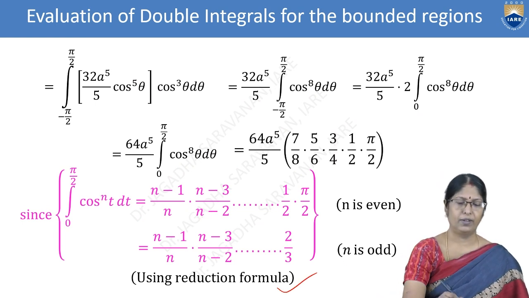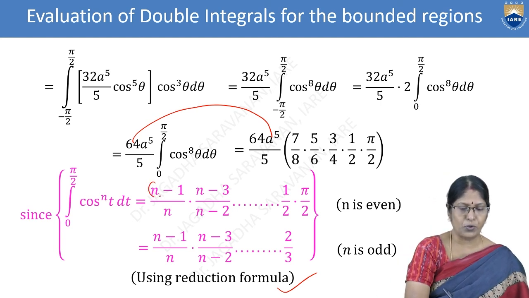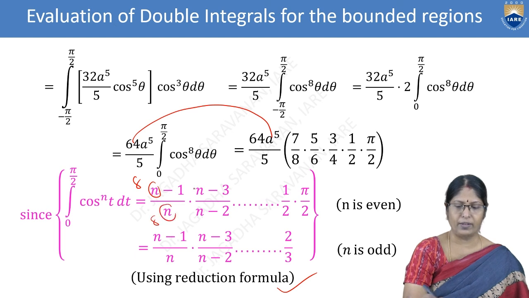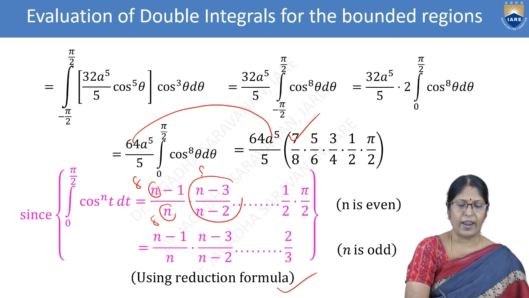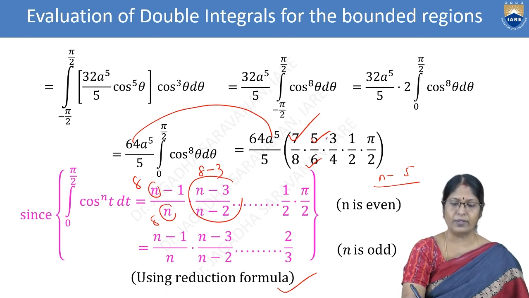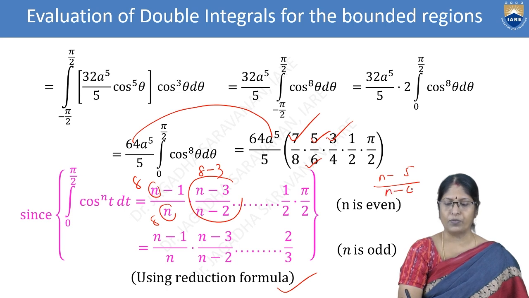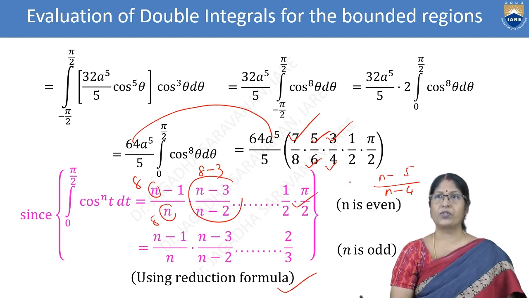We used it here. So 64 a power 5 by 5. Here we substituted 8, here also 8, so we got 7 by 8. Again the next, 8 minus 3 is 5, 8 minus 2 is 6. If we continue, n minus 5, here 8 minus 5 is 3, and n minus 4, so 8 minus 4 is 4. Continuing, the last term is 1 by 2 times pi by 2.